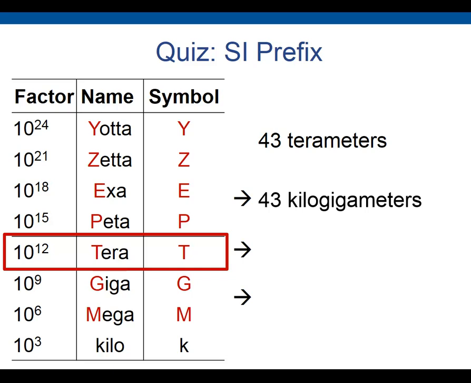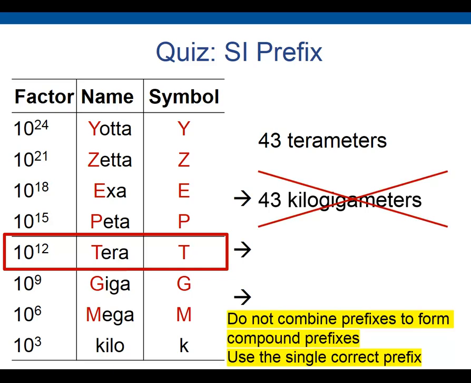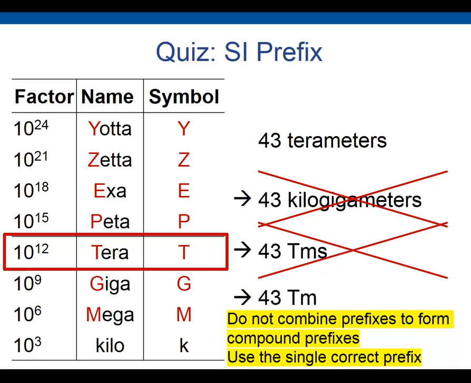We only use one SI prefix. Do not combine multiple SI prefixes. How about 43 terameters with an S? You can see the S here. We don't need to put the S in the short form. Just say 43 terameters. That's it. That's fine.